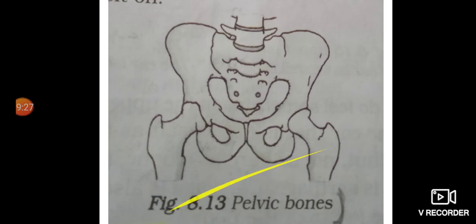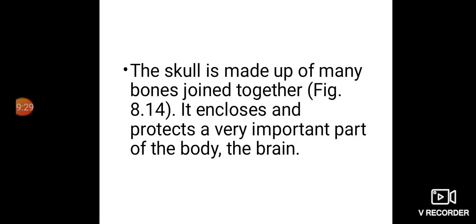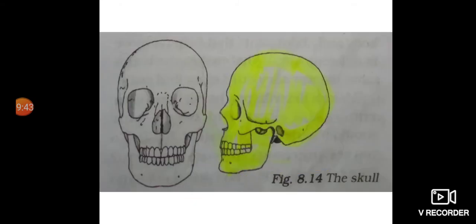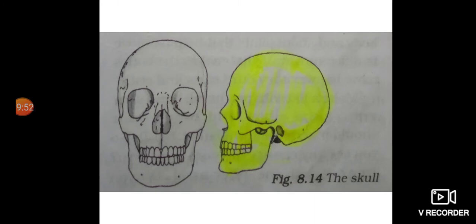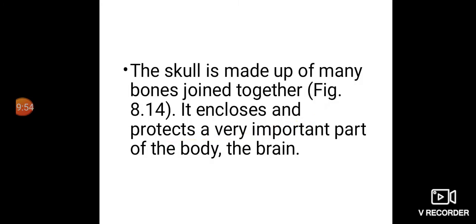Now next, which is that? The skull. You know that the skull is made up of many bones joined together. We can see in figure 8.14. What is this? This is the skull.